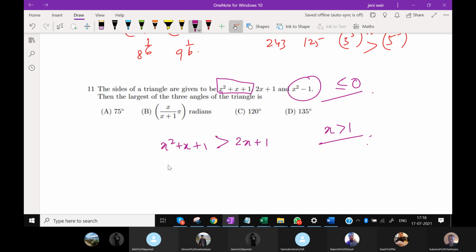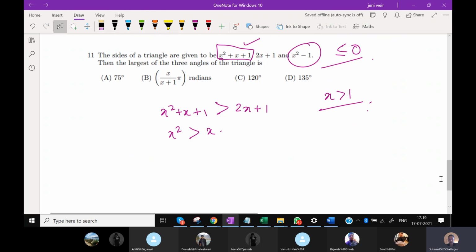Or in other words, x square is greater than x, which is always true when x is greater than 1. So that means this becomes the largest side, and the largest angle will be opposite to this side.